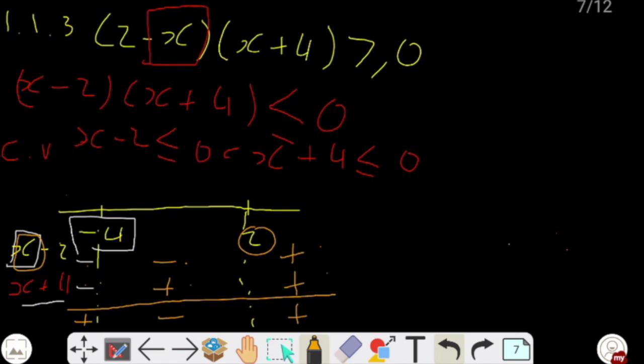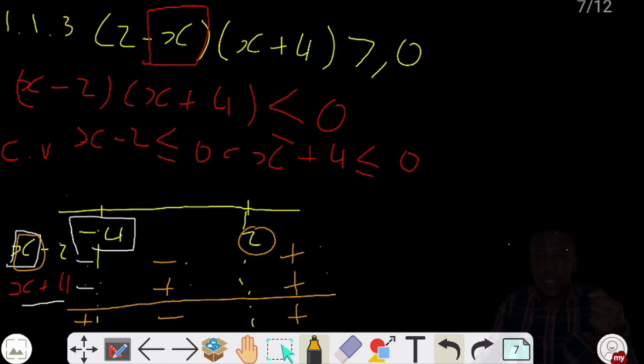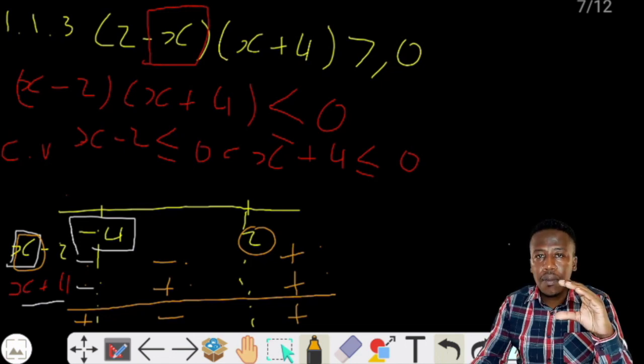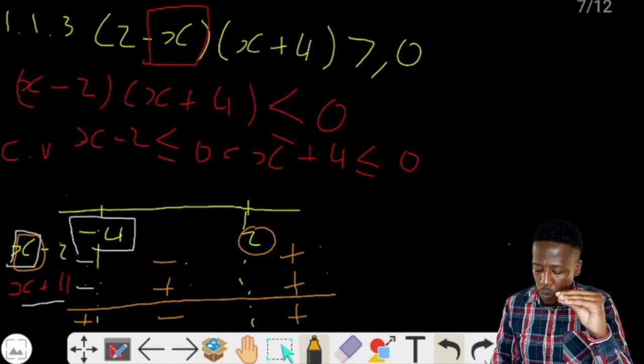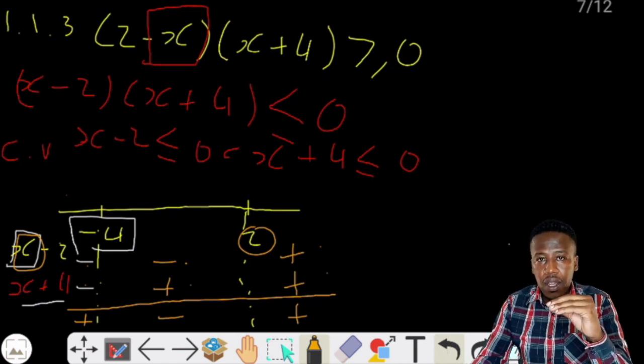Now you go back to your critical values, right? You go back to your sum and say, whatever you have there, your values should be less or equals to 0, right?